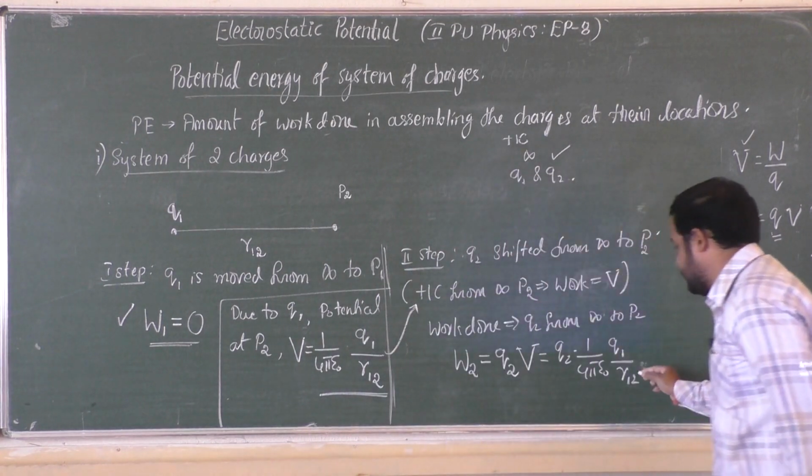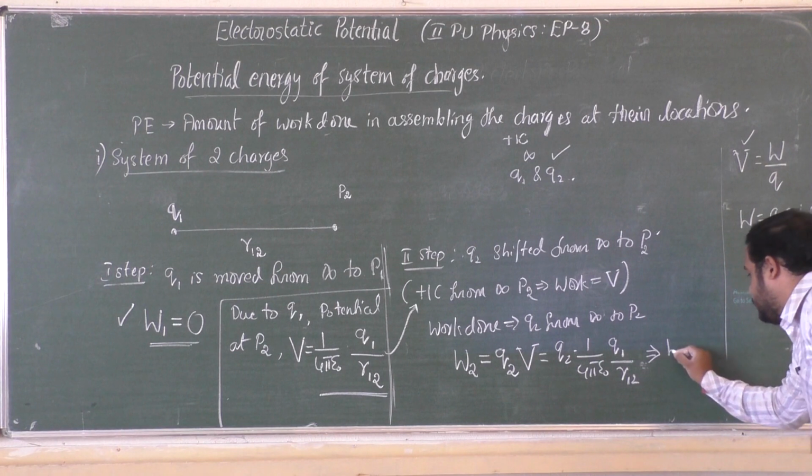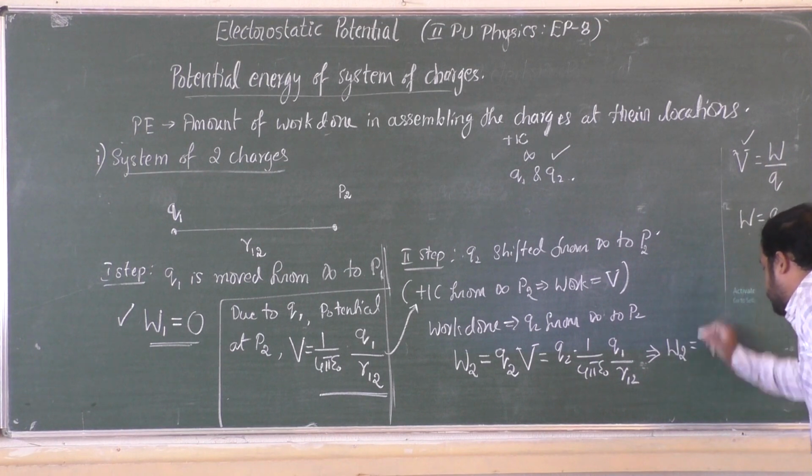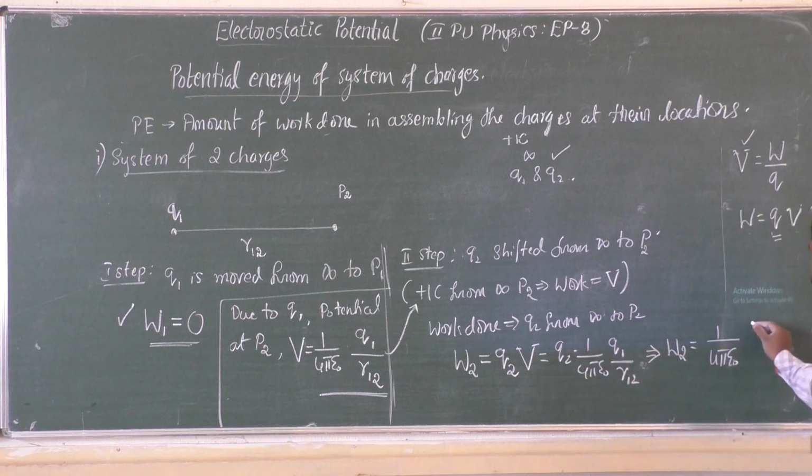That means W2 is equal to 1 by 4 pi epsilon naught Q1 into Q2 divided by R12.